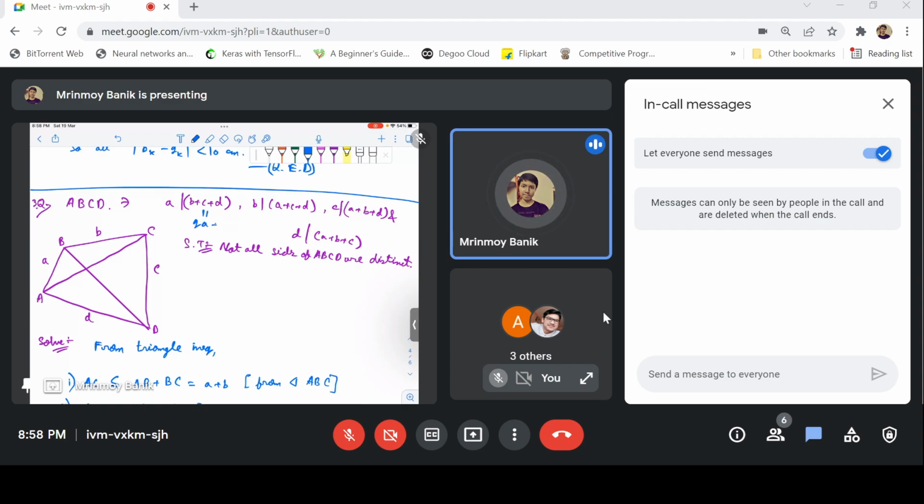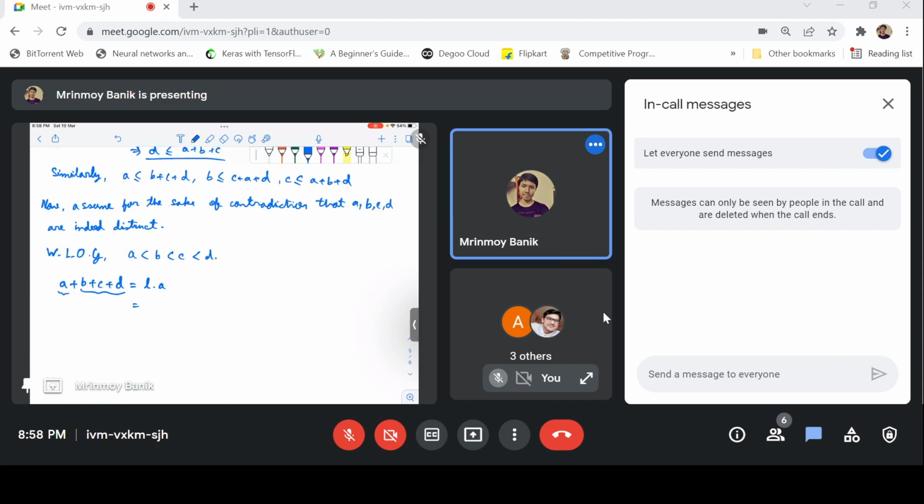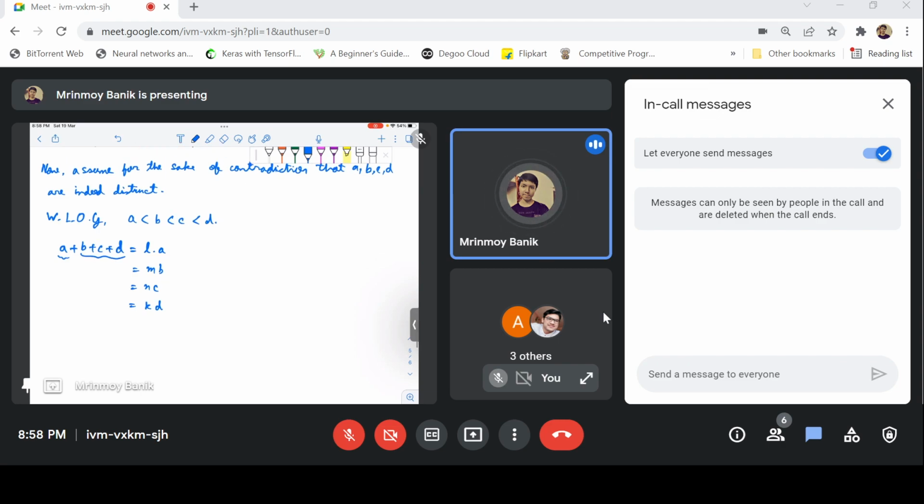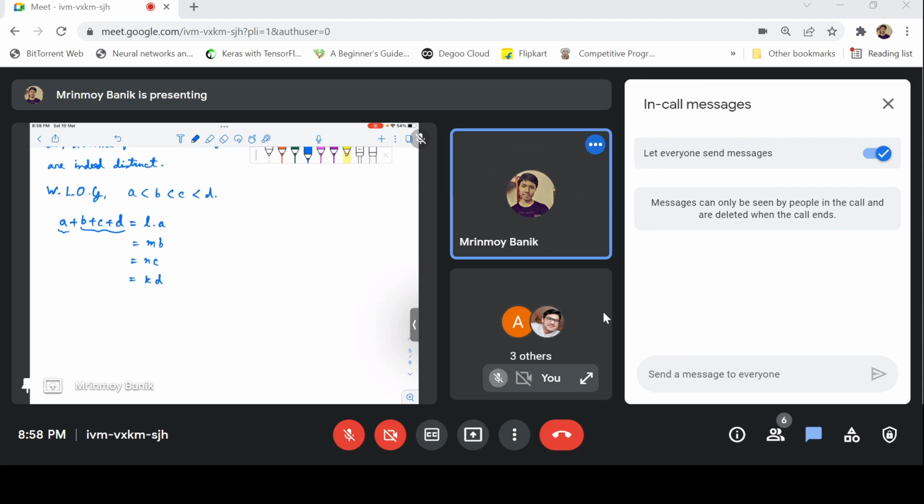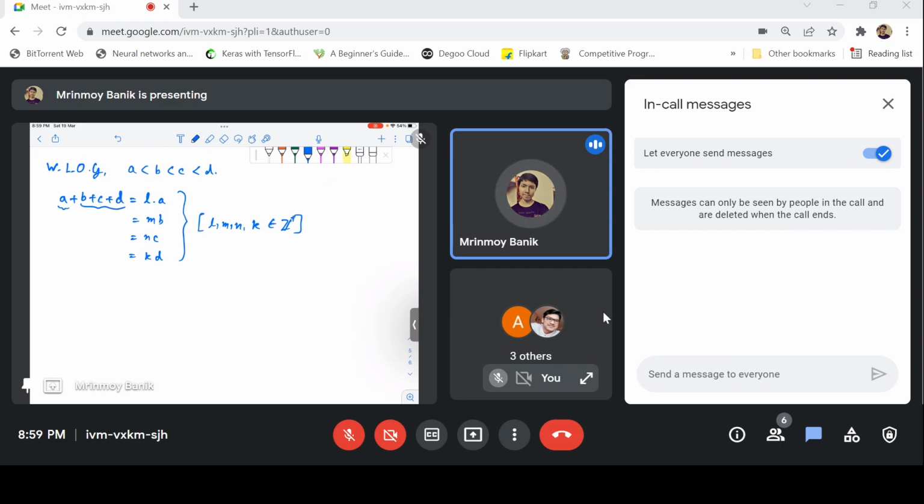So QA plus A equals LA, so Q plus 1 is L here. So it's divisible by all of A, B, C, and D, and L, M, N and K are integers, actually natural numbers.